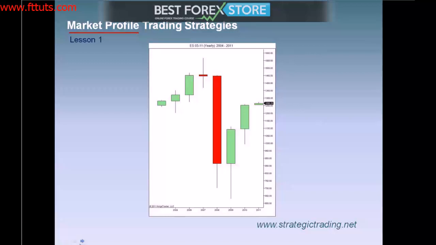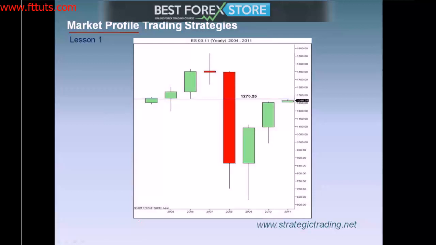So let's take a look at a key power line, okay, that I want you to focus on this chart. The key power line, and we're looking at the ES Mini futures. If you take a look at this number, 1275.25, why is this a power line?